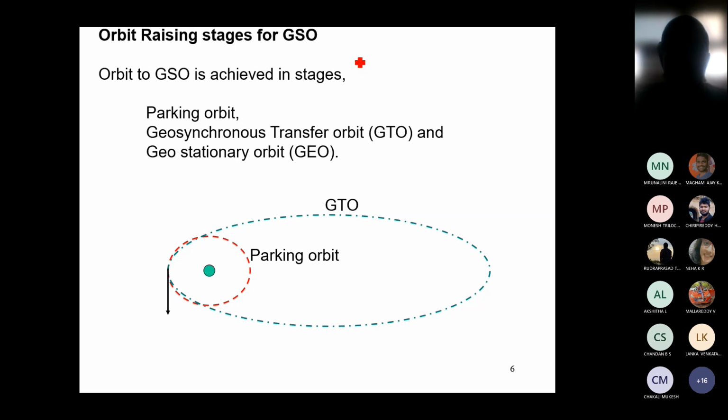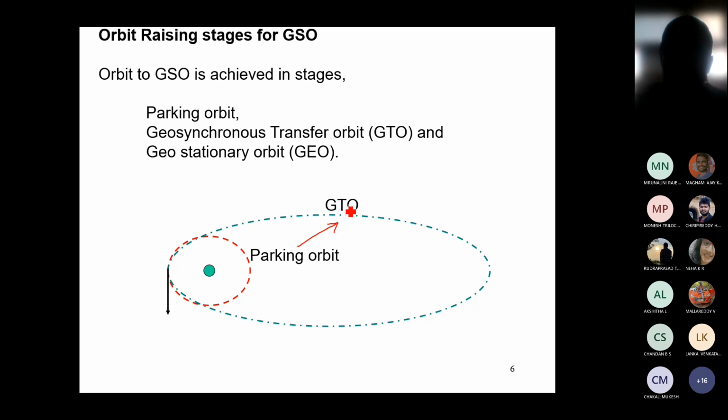And we discussed that when orbit raising happens from one particular orbit to another, particularly from parking orbit to GTO orbit, it happens at the perigee. Orbit raising happens by using thrust, so velocity thrust, and that happens at the perigee.